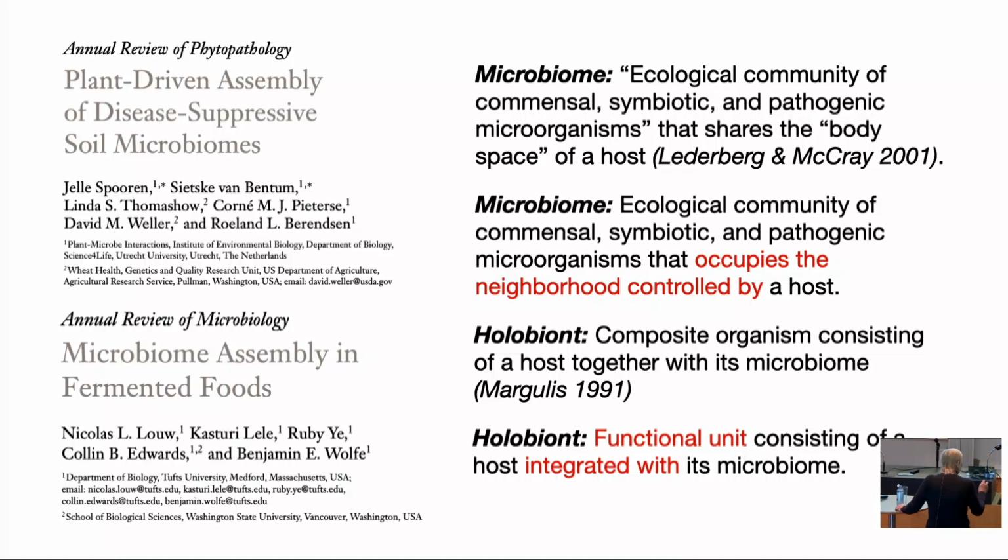And if that's the case, then we might want to redefine a microbiome to be a neighborhood that's still spatial, a neighborhood controlled by a host. So this would also work for plants and the microbes right around the roots and things like that, as long as the host can control it.